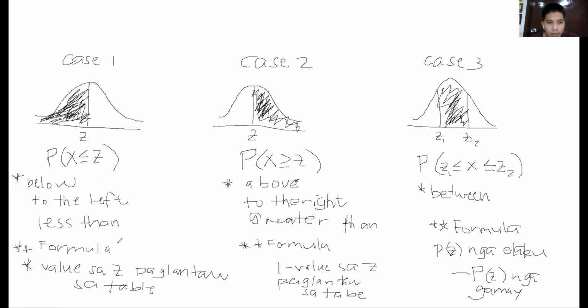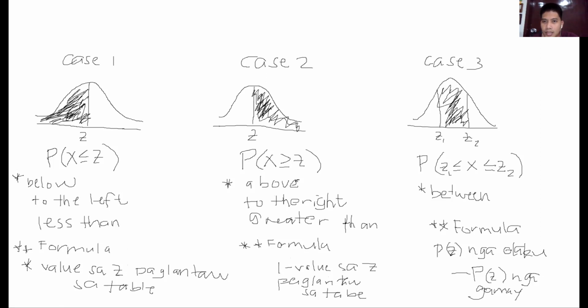Lantaon lang nato tong table, so ang makuha nato nga value dito sa table, mao na to iya ang probability of x or ato ang area under the normal curve. Ang case 2, dali ra pod ang sa case 2. Kung aning above, to the right, o greater than. Ang formula nga to ang buhaton is una lang ta sa 1, dayon minusan nato sa value sa z katong paglantaw nato sa table. So 1 minus value sa z paglantaw sa table. So inana lang ato ang case 2.